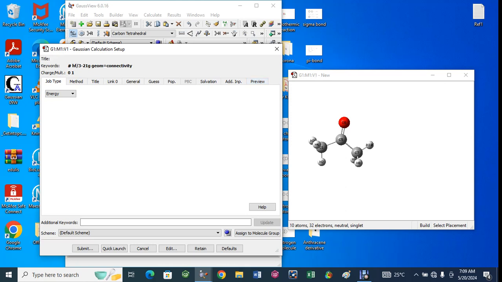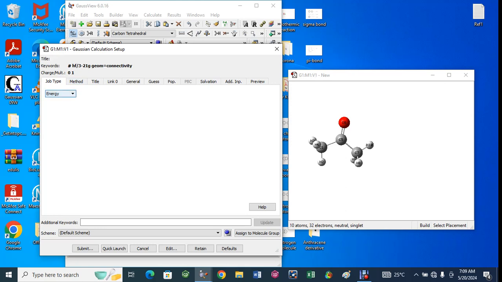So let's walk through all of these functionalities, but let's start with the job type. Under the job type, you can see that Gaussian auto selects the energy. Whenever the job type pops up, you will first see the energy, it auto selects energy.